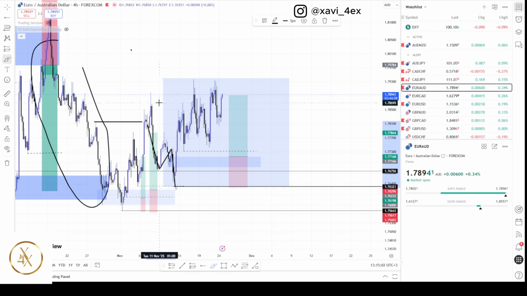If it's going to continue down, it shouldn't be able to break this level here. So immediately they break this, we know that in this area here as well, we're going to find our protected stops.